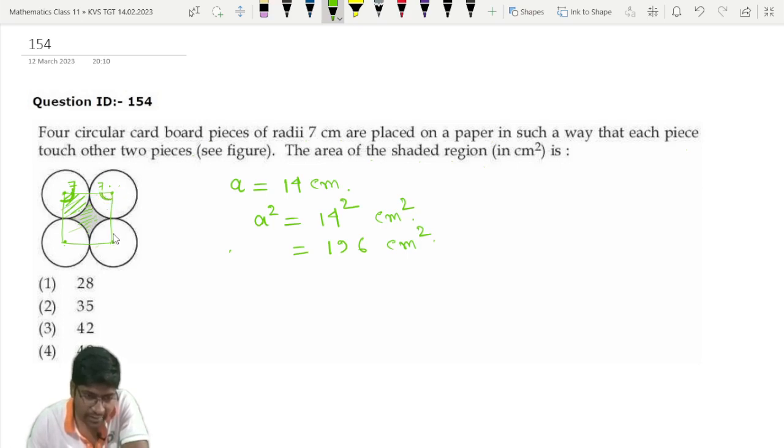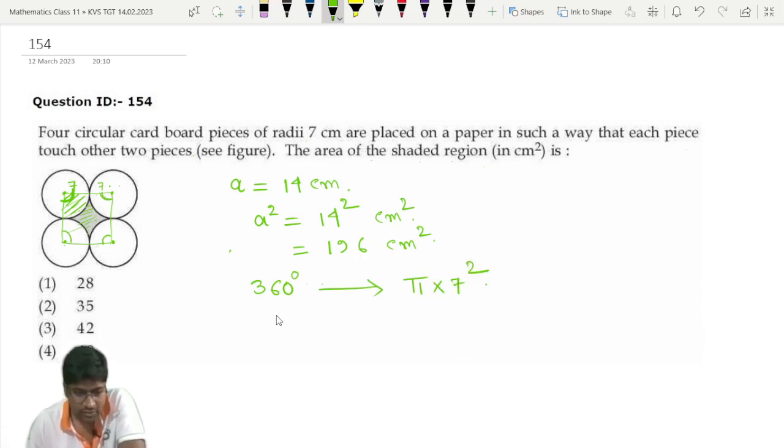So what area will a 90 degree angle cover? The total angle at the center is 360 degree, covering pi r square, pi into 7 square. So 90 degree will cover 1/4 of that.